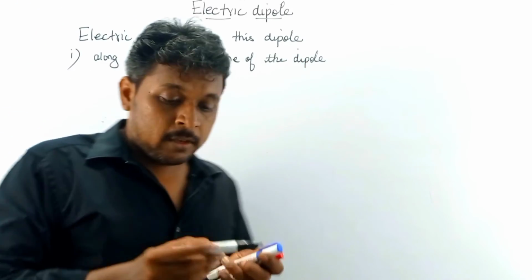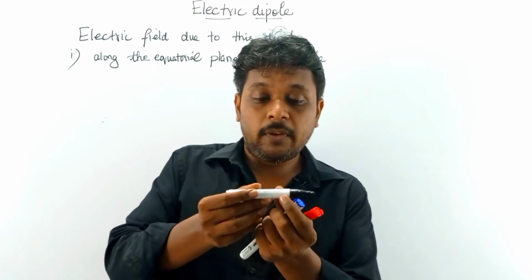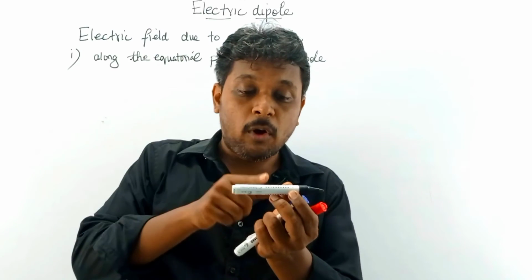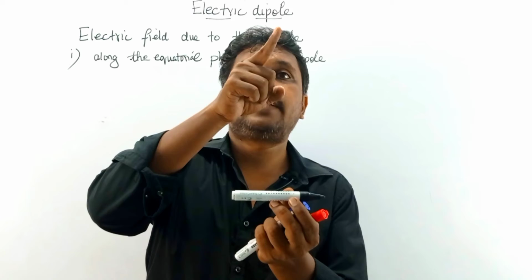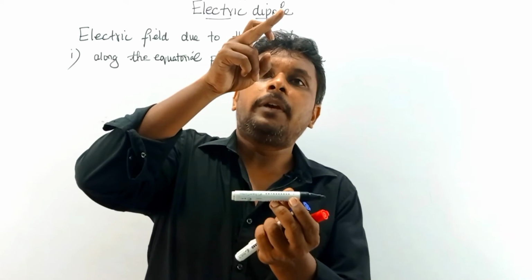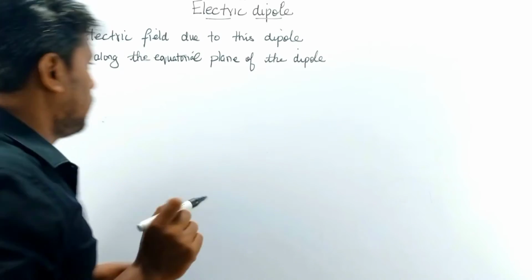That is, we are going to find the electric field at a point kept along the perpendicular direction to the center of the dipole. Okay, so see that this is the view.